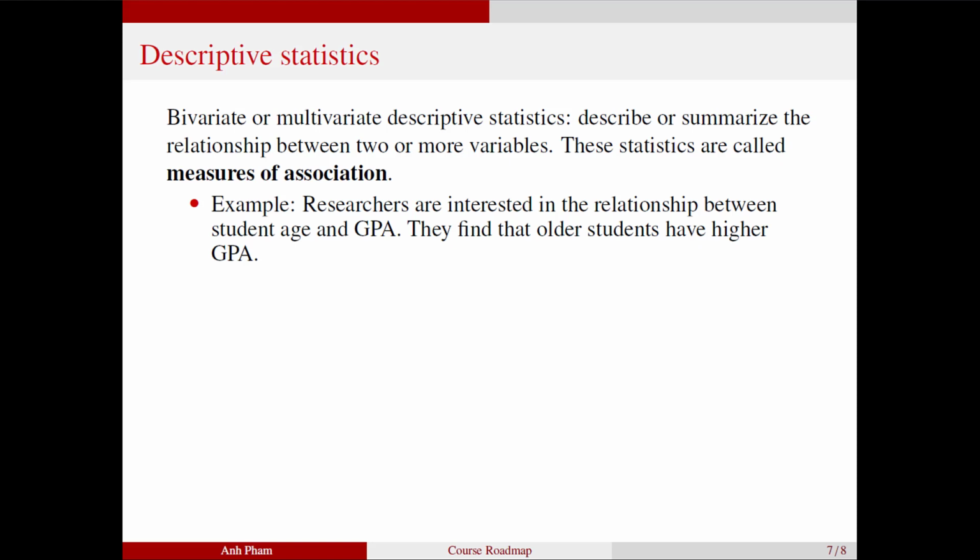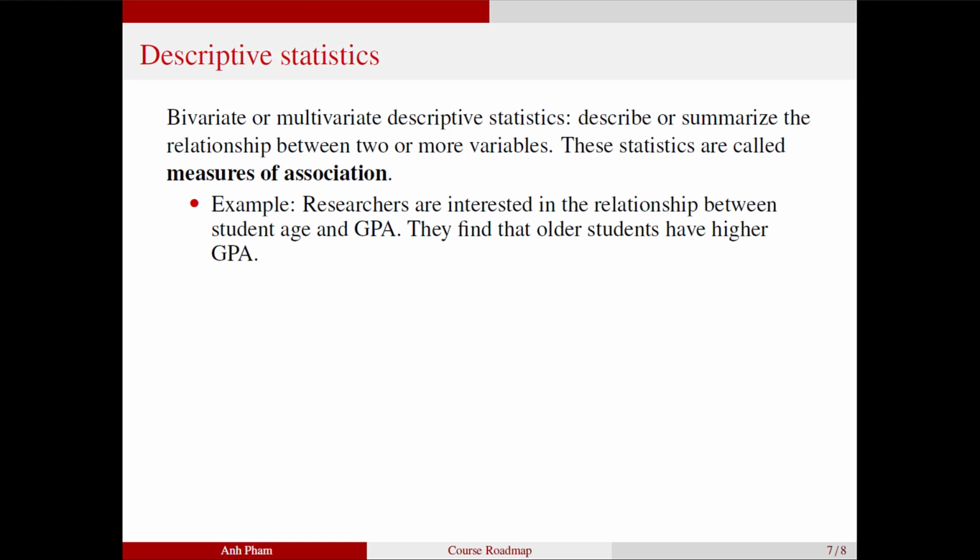So this is an example of what bivariate or multivariate descriptive statistics look like, when we are not only interested in one variable such as age or GPA separately, but in the relationship between the two variables, in this case, student age and GPA.